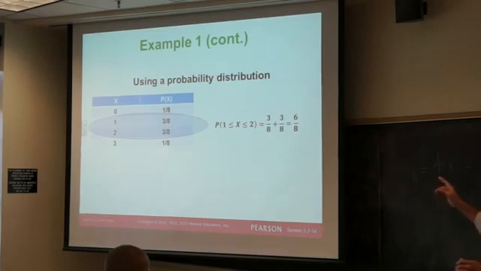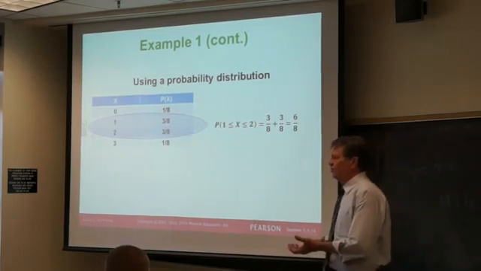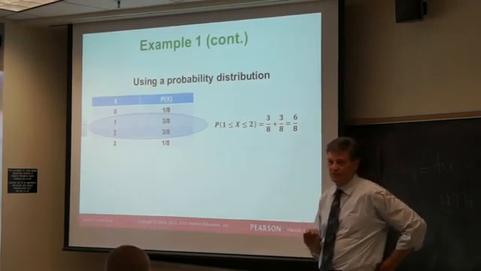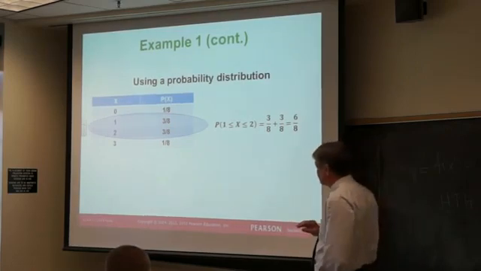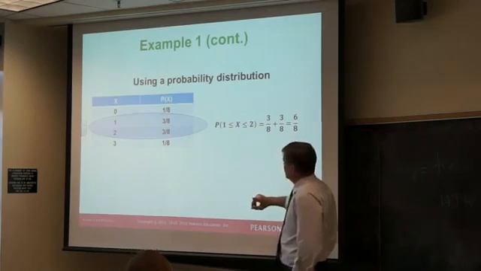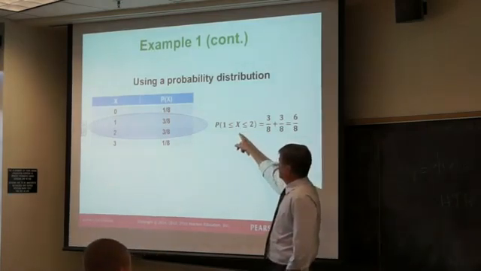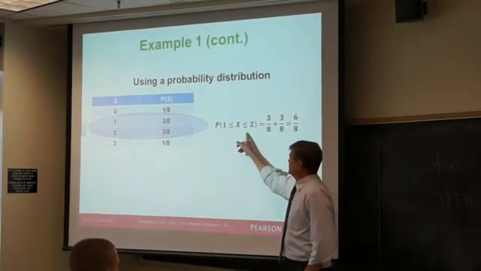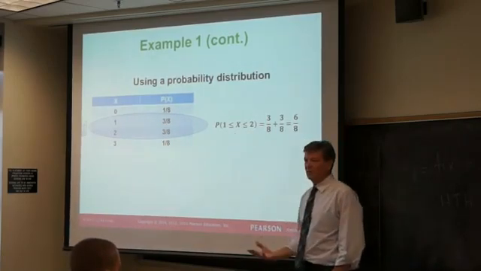Now these tables are convenient ways to work with discrete probability distributions. So let's just practice a few calculations with it. It's pretty natural. If you are asked to find the probability that x is between 1 and 2 inclusive, right, that was the probability statement, how would you calculate that?